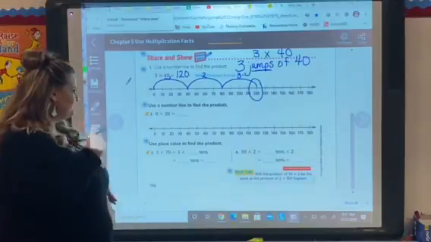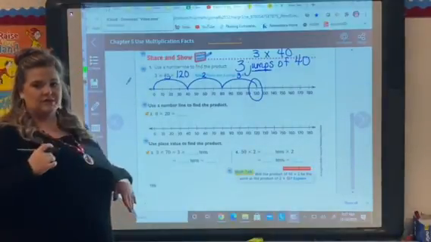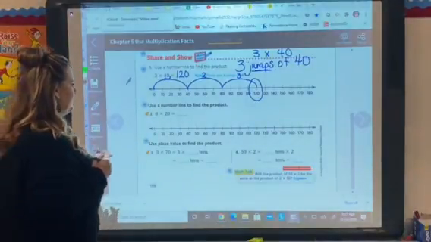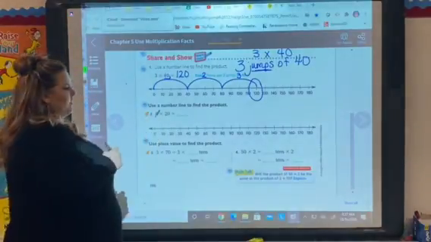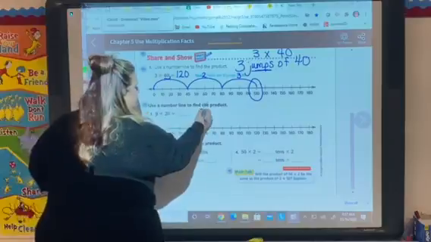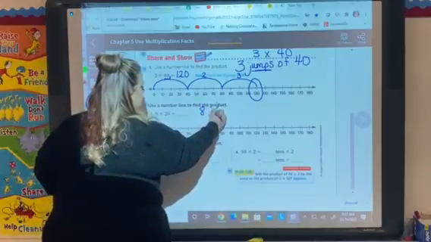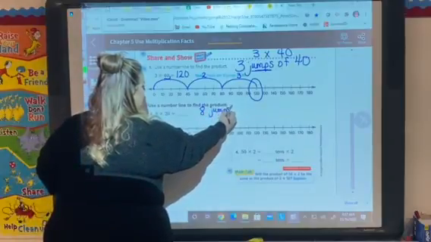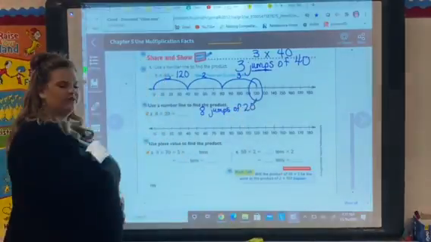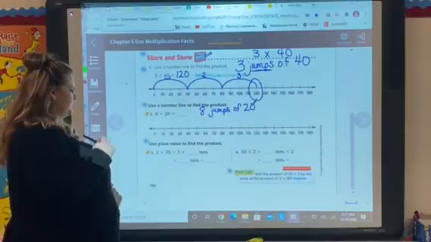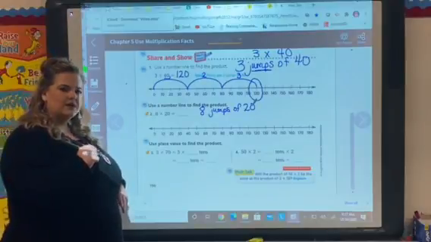So be careful. Now this one has a little bit more jumps. I can already tell by looking. So my problem is 8 times 20. When we look at our jumps, that means we have 8 jumps of 20, okay? So where do I always start?